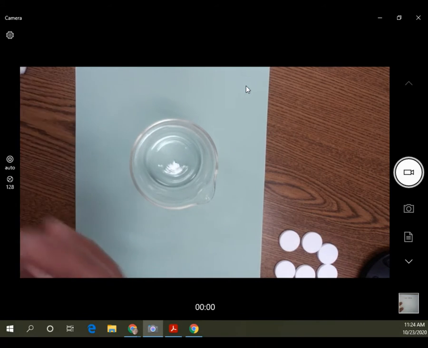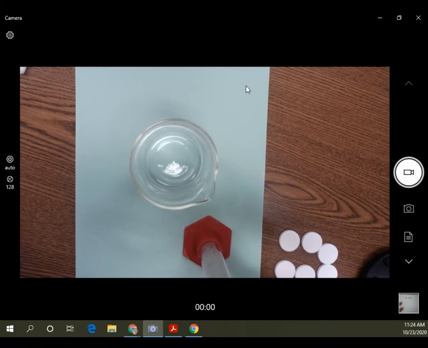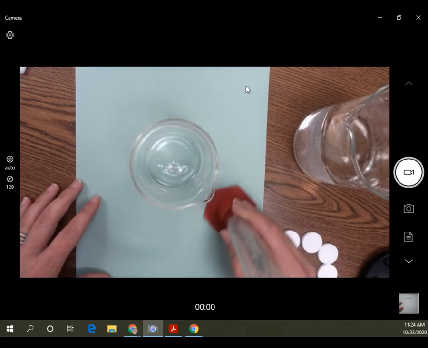So we're going to go to our graduated cylinder. We're going to get about 15 milliliters of water. Okay, we've got about 15 milliliters of water.